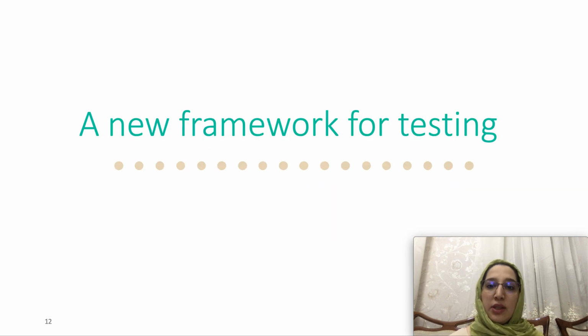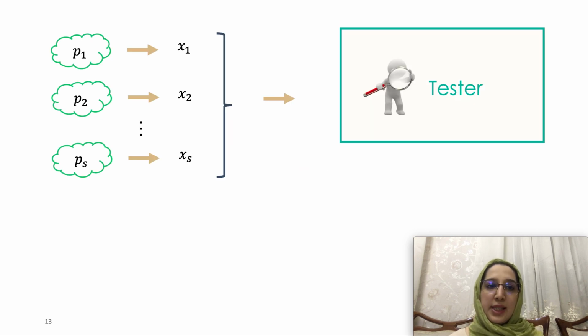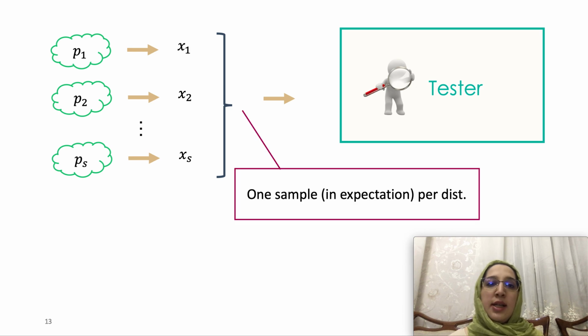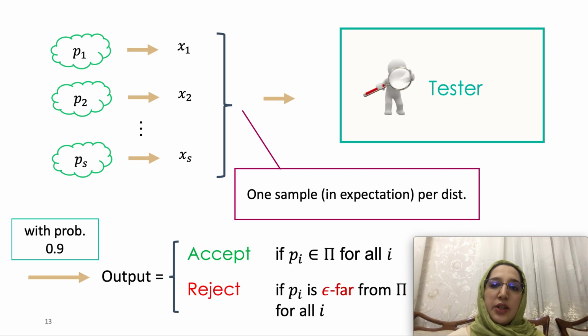Now we propose a new framework for testing problems. In this framework, instead of having a single underlying distribution, we have S distributions denoted by P1 through PS. Each of them provides one sample. In some of our problems, we actually require one sample in expectation per distribution, and the tester wants to distinguish the following cases. In the first case, all the Pi's have the property, or they are in the set pi.